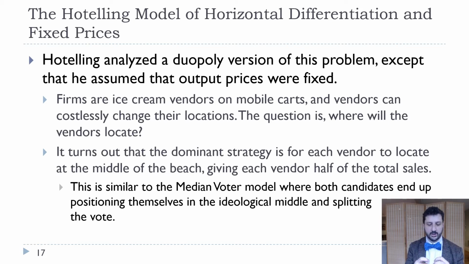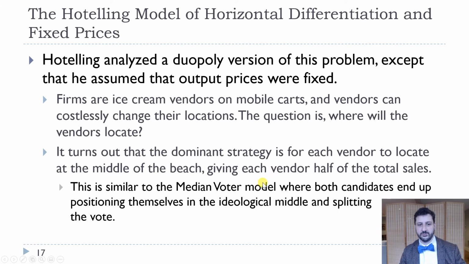And so you have one just left of the middle and one just right of the middle. And this one is serving all of these customers over here. And this one is serving all of these customers over here. And this is similar to the median voter model, right? Where the idea is that both candidates end up in the middle and then they split the vote 50-50.